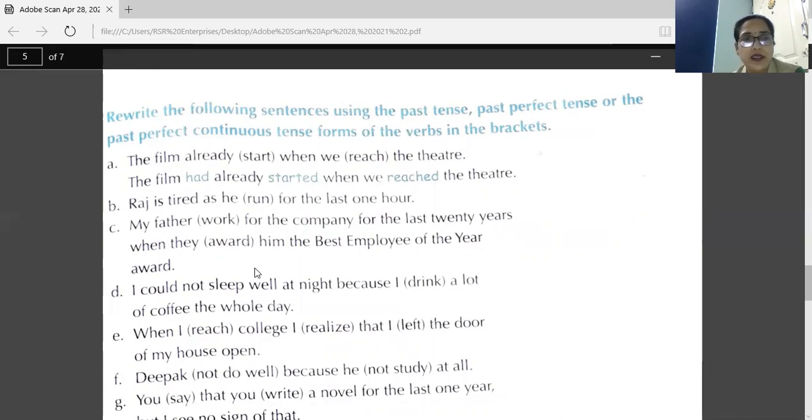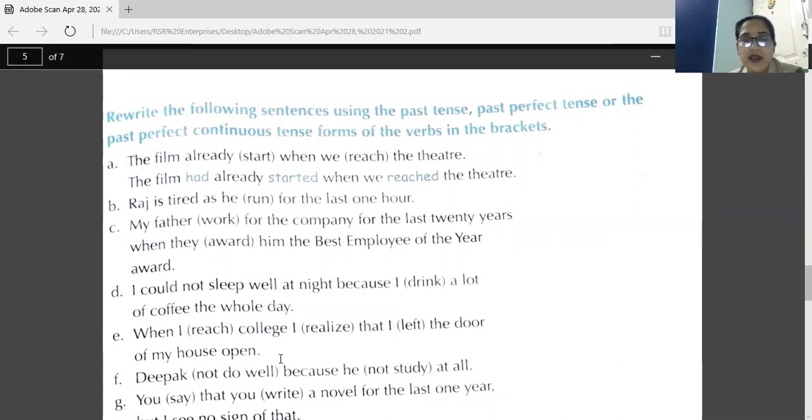Next one. I could not sleep well at night because I drank a lot of coffee the whole day. So your answer is, I could not sleep well at night because I drank a lot of coffee the whole day. Now sentence number E. When I reached college, I realized that I left the door of my house open. Words are given there in the bracket.